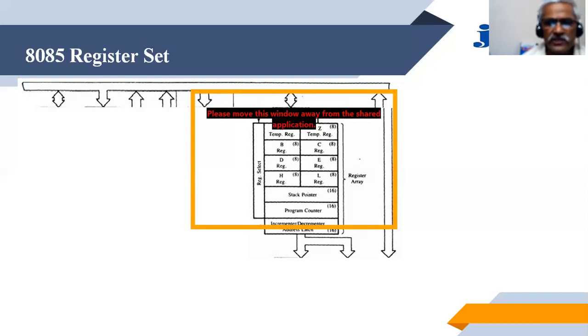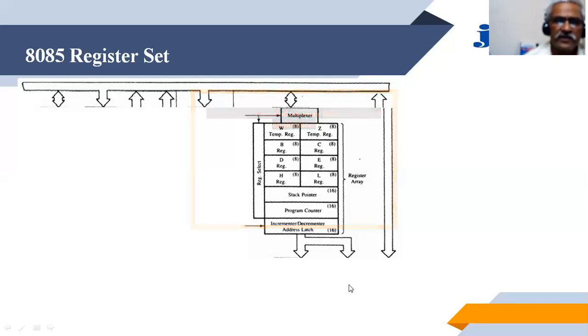These two registers can be used in combination, or individually as 8-bit registers. For example, if you are exchanging 8 bits of data, you require only one of them. Similarly, if you are exchanging 16 bits of data, then you require both the registers.